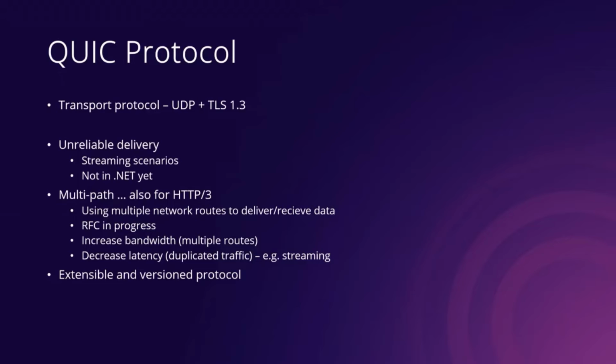Or you can actually use it to increase your bandwidth. So you send some amount of data on one connection and the rest on the other one, or route, rather, network route, if you have two network cards or something like that, two different networks. Overall, QUIC is extensible and versioned, so you can expect more features in this space in the future.